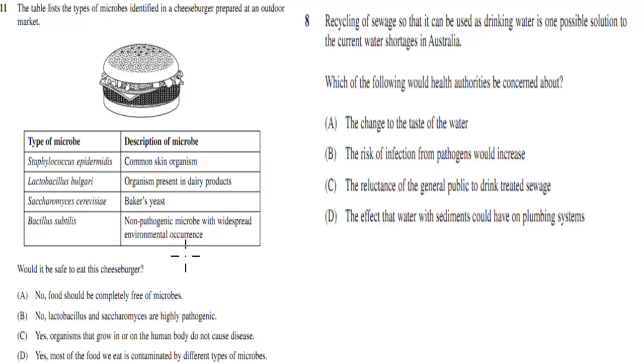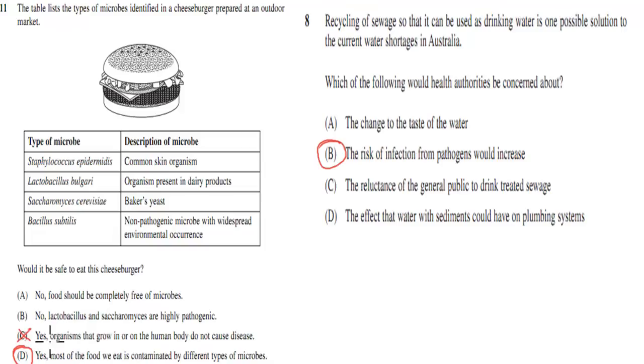Welcome back. In this case, the correct answer for number 11 is D, and for number 8 it is B. The reason D is correct is because yes, most of our food is contaminated by different types of microbes. Most of them are harmless, but food is generally contaminated even if we try our hardest.